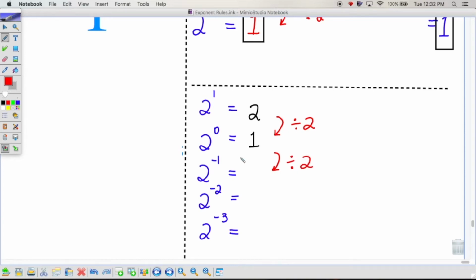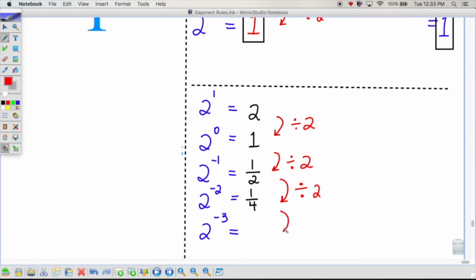Okay? So, what is 1 divided by 2? 1/2. Okay? And then I'm going to keep dividing that by 2. What is half divided by 2? 1/4. Okay?